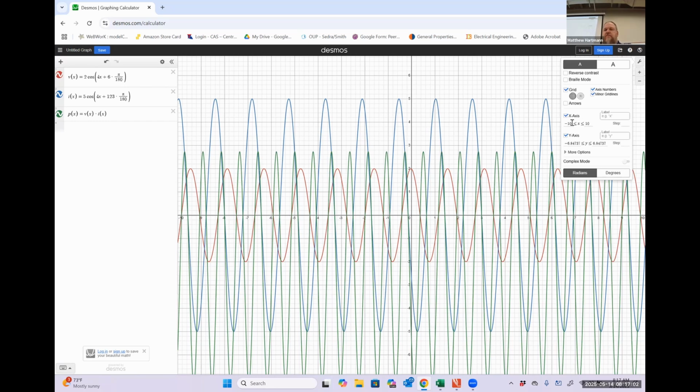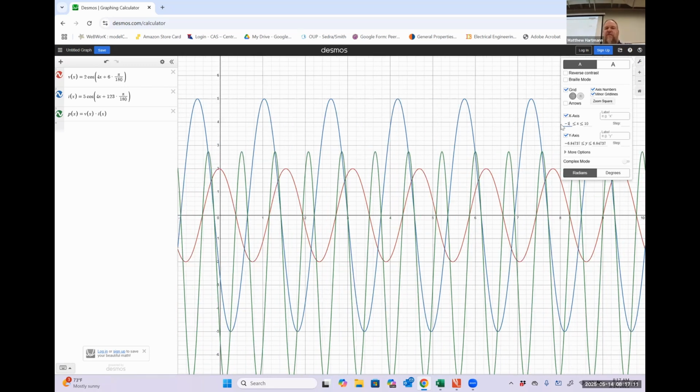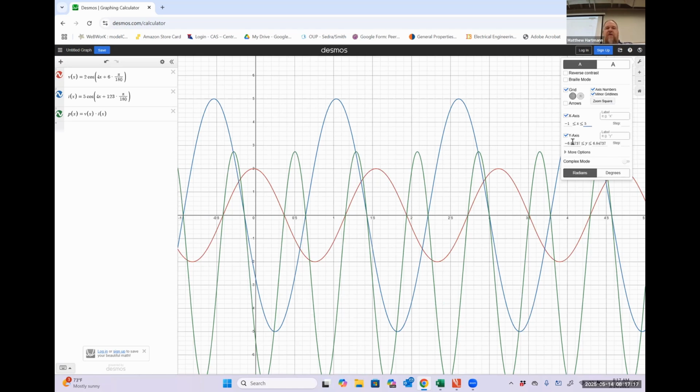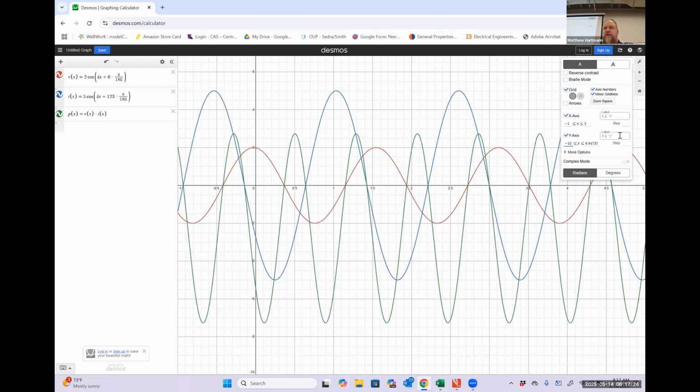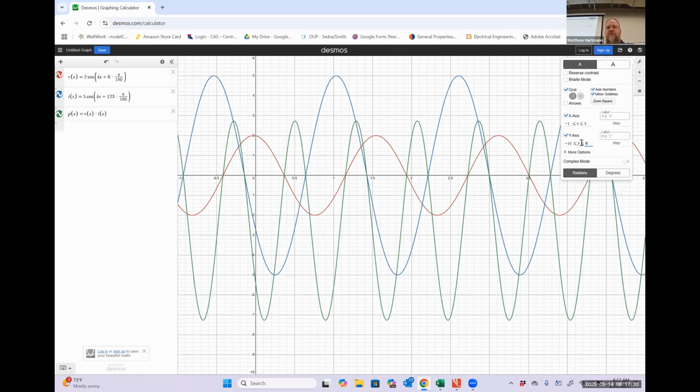So let me confine the range on my x-axis. Let's look at stuff from just -1 to +5 or so. And then for our y-axis, let's make the minimum value -10 and the positive value +6, which would encapsulate everything.